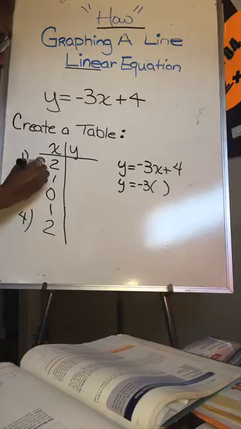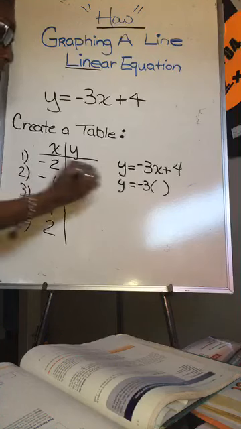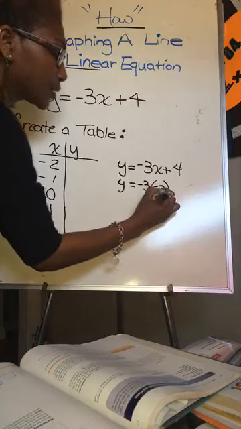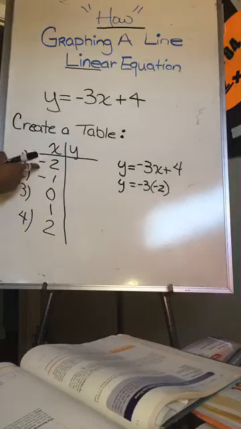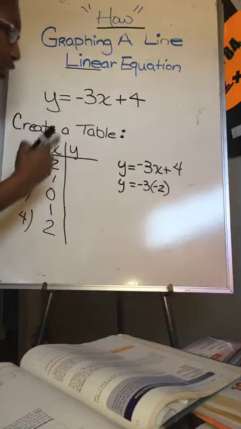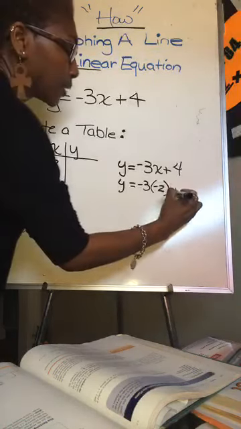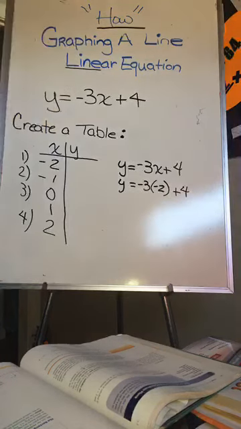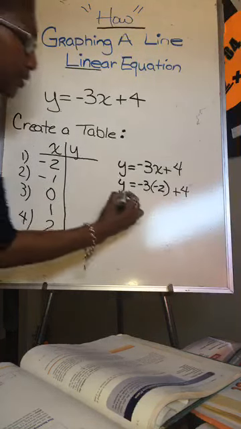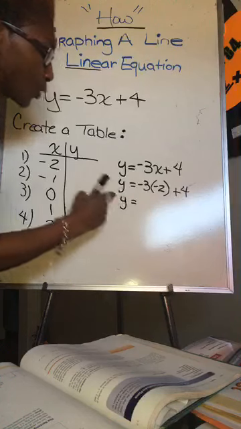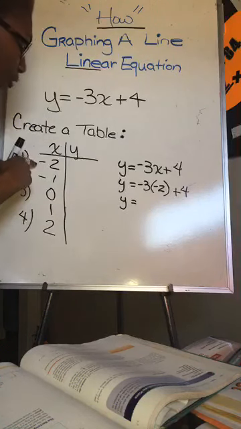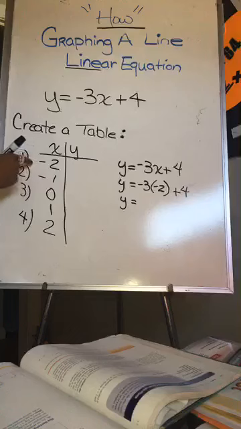All right? So we're going to place -2 where the x value is. That is the x that we're substituting. That's your first ordered pair. Plus 4. Okay? Let's continue, because what we're doing is finding what y is when we're given the x value.